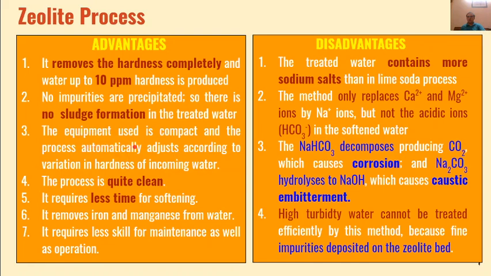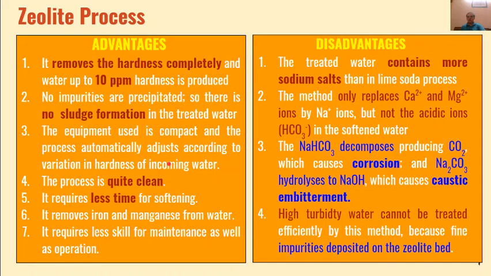Then another advantage is that simple equipment is used which is compact, and the process automatically adjusts how much zeolite is to be used, with variation depending upon the variation in the hardness of the incoming water. So this is also an advantage over the lime soda process.